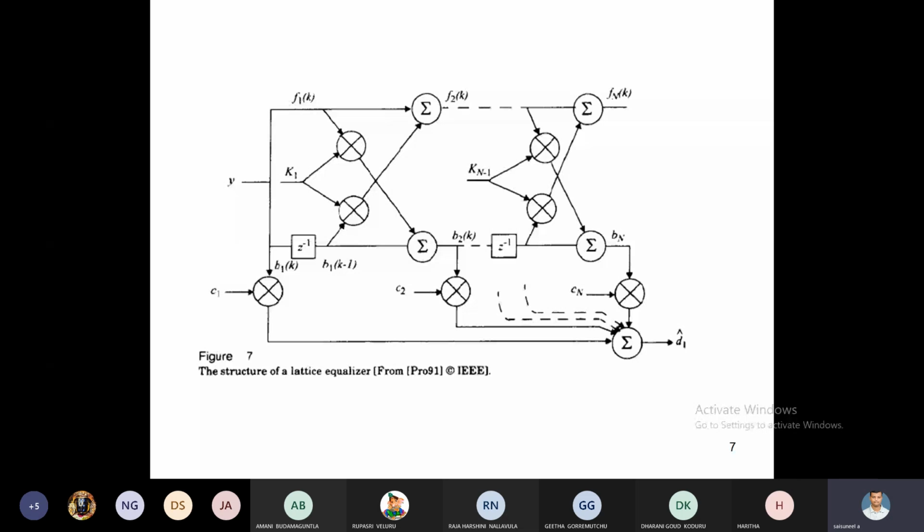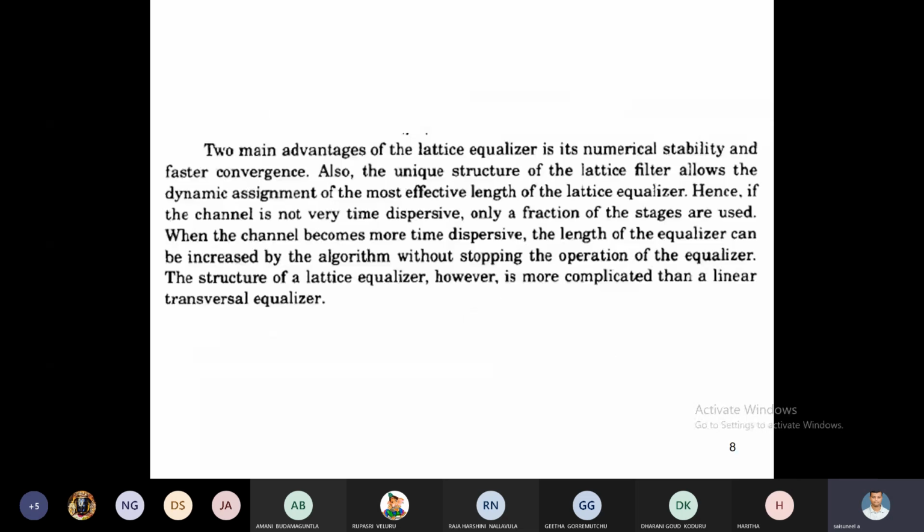Comparing these two structures, transversal and lattice equalization, the lattice equalization has more stability, is faster, and is more accurate. But based upon the structure, the transversal is simpler compared to lattice equalizers.